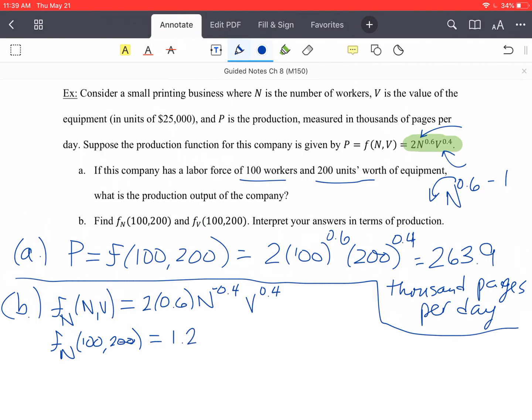So that's going to be 1.2 times 100 to the negative 0.4 times 200 to the positive 0.4, which is approximately 1.583, and that is 1,000 pages per worker.